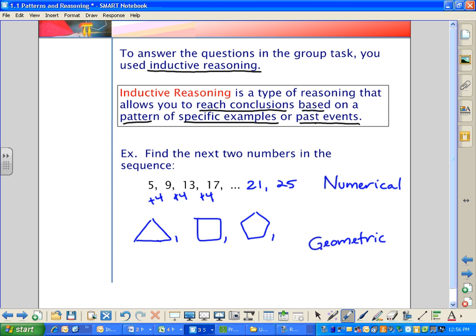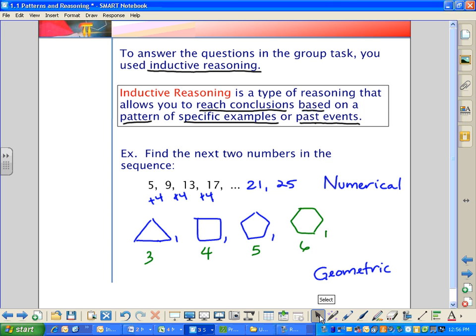Well, I can see that each of these shapes are different. I know that they're different because they have a different number of sides. A triangle has 3 sides, a square has 4 sides, a pentagon has 5 sides. So I would suspect that the next term had 6 sides. That's a hexagon. And I would suspect that the next term after that would have 7 sides.